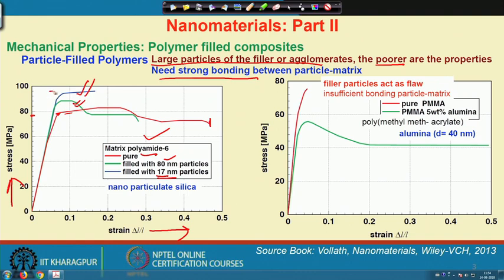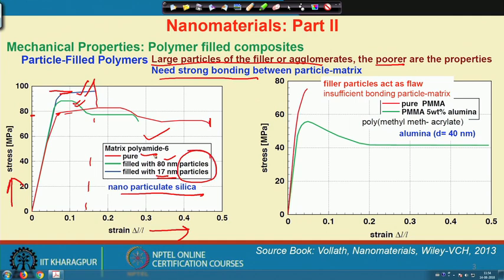It means the smaller the particle size of the second phase, the higher the strength that can be achieved, with some compromise in plasticity. However, these are, let us say, particulate silica incorporated in the matrix.